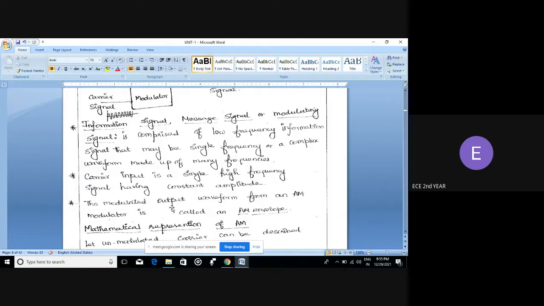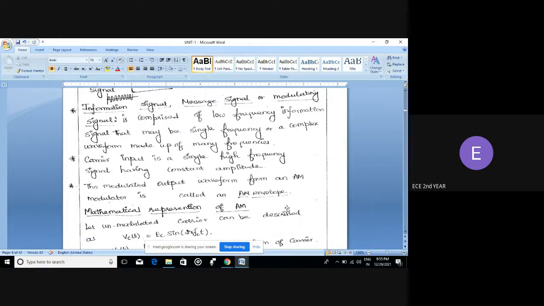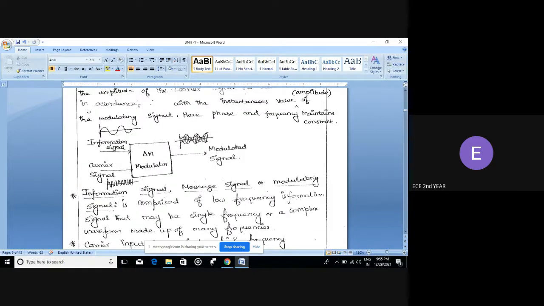And the modulated output, which is the output of the modulator, we call the modulated signal. The envelope is called the AM envelope. AM envelope is nothing but this particular thing in which the carrier signal is loaded like this.